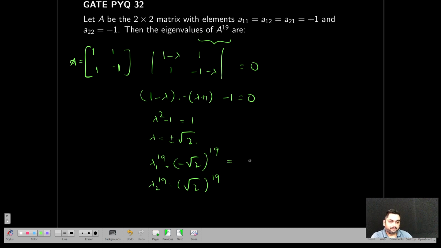So this will be minus root 2 into 2 power 18 by 2, which is 9, so root 2 into 2 power 9. So this will be root 2 and minus root 2 into 2 power 9, which is 512. Will be equal to root 2 into 512.